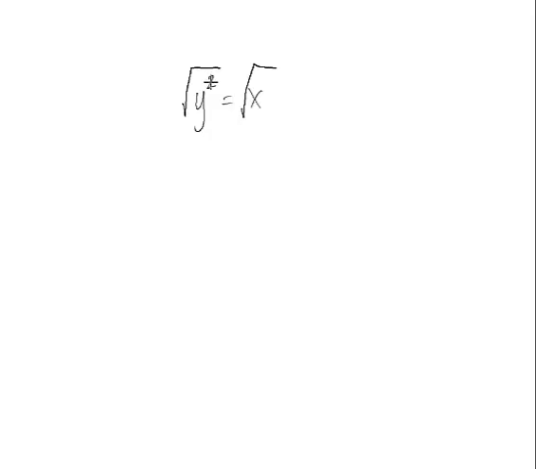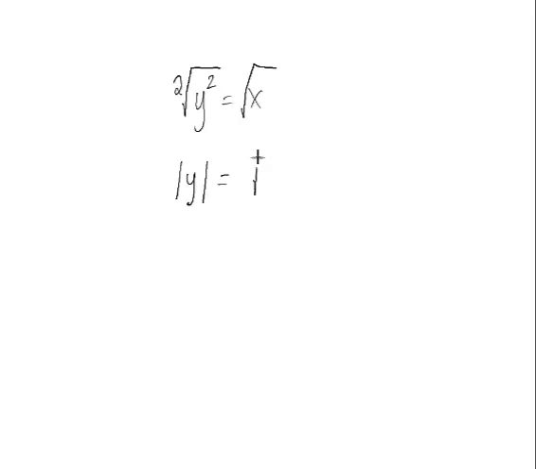In this case the exponent is even and matches the root number 2, and so we want our result from the square root of y squared to be positive. So we need the absolute value bars.